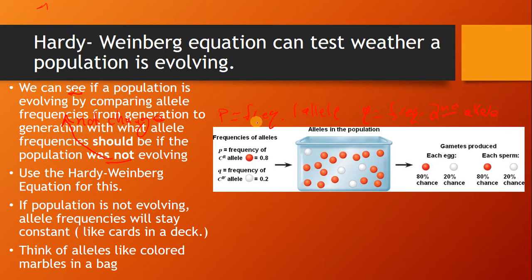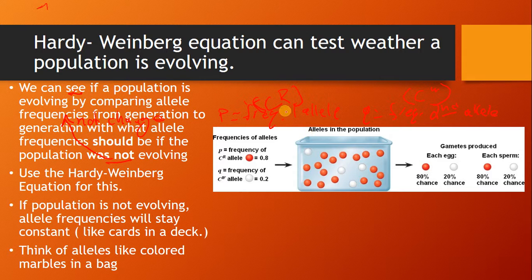Either way, you can mix and match, but for this example, P will be the frequency of the red allele, so 0.8, and Q is the frequency of the white allele, so 0.2. So up here I'll just put that P is going to be our CR, and Q is going to be our CW.